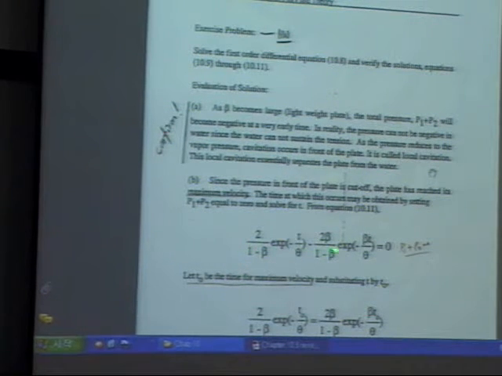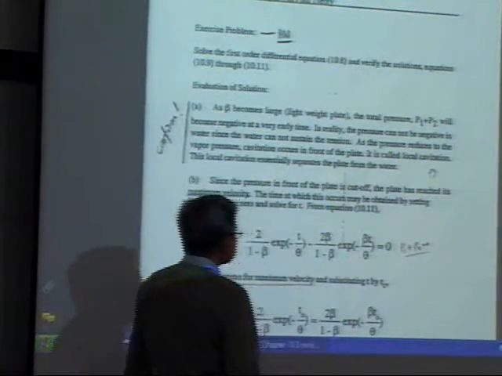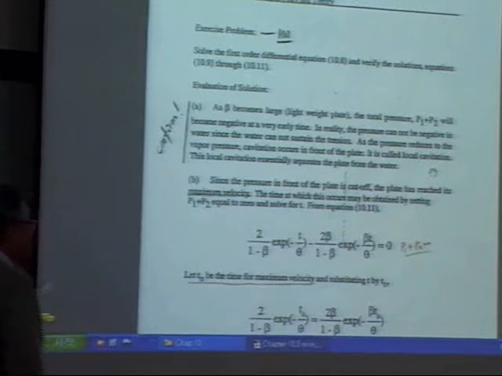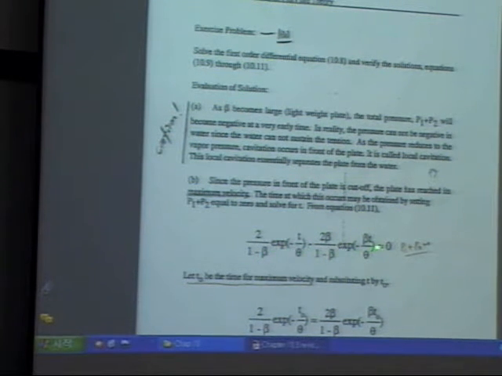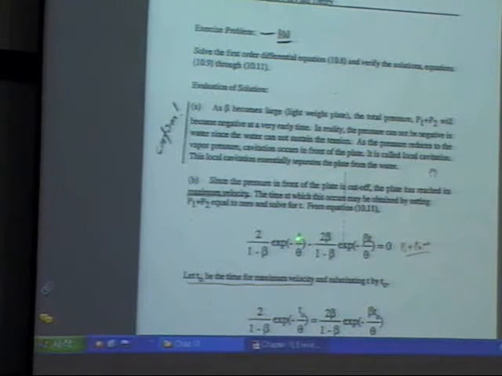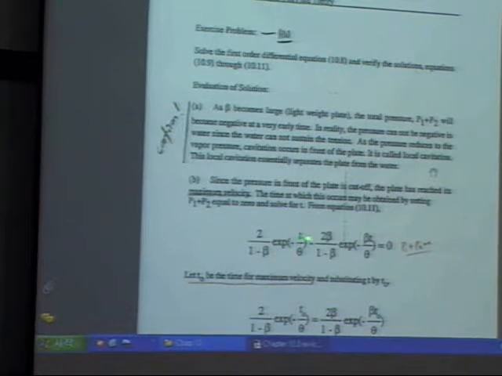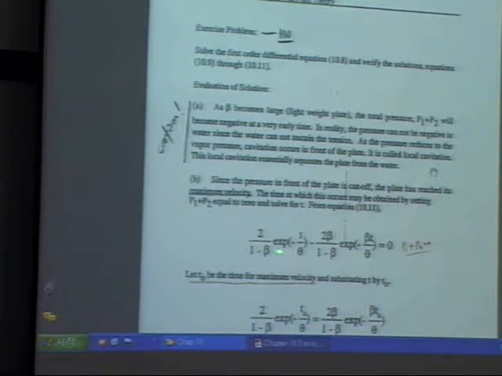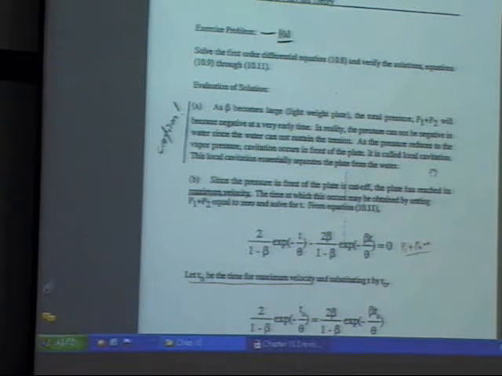If you set this P1 plus P2 equal to 0, right at the cutoff, then we can find the expression using this equation. You can express the t value, which has the maximum velocity at the time t.